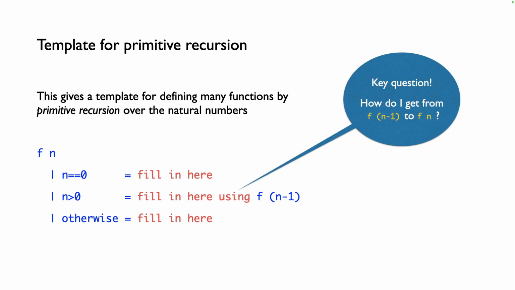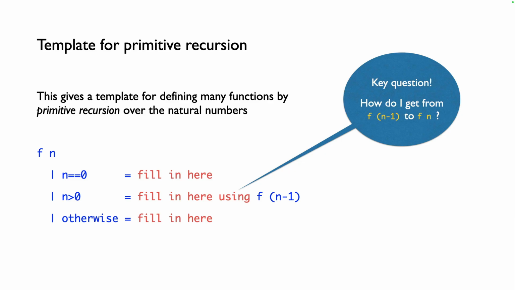So in every case with this pattern, we will have a defined answer. So this template for what's called primitive recursion is one which is very powerful and allows us to define functions over numbers that will always be defined.